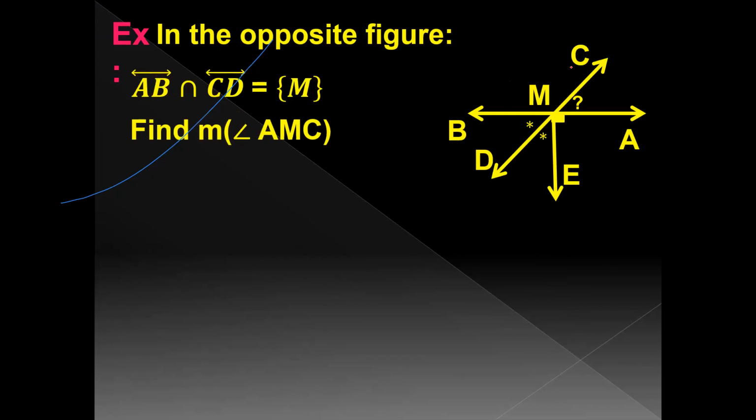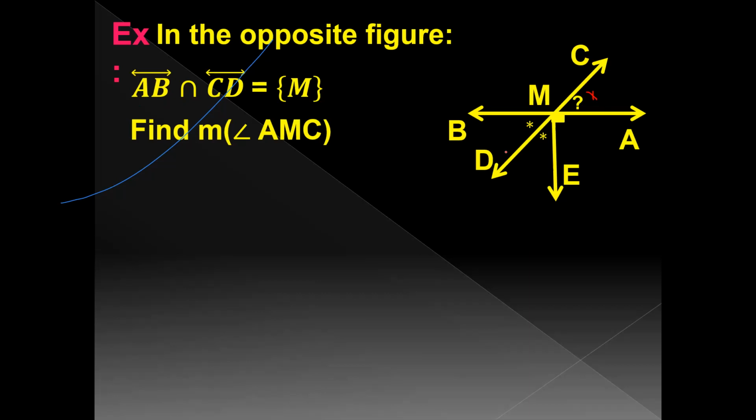Find the measure of angle AMC, this angle. We have two straight lines intersect. Pay attention, the straight line AB intersects the straight line CD.